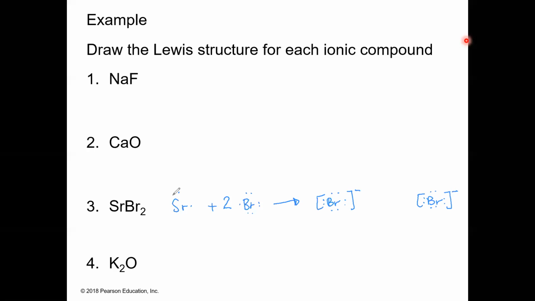And at the end, we have strontium that's lost both of these valence electrons. If it's lost both of these valence electrons, it now has a 2+ charge. Again, the charges should be equal to 0 if you sum all these charges up at the end. A -1 charge plus another -1 plus 2+ equals 0.